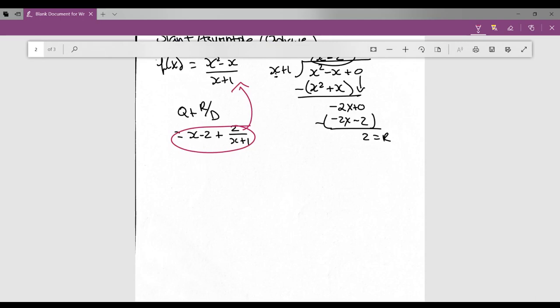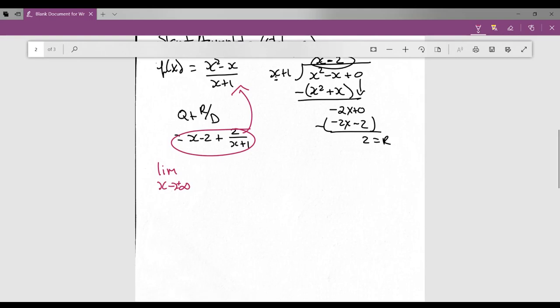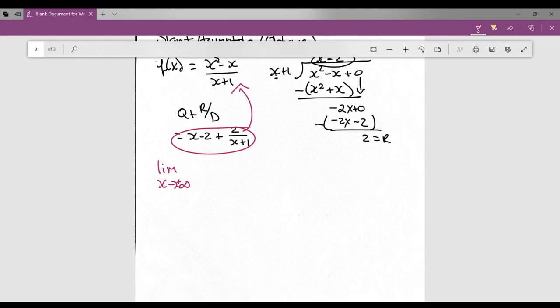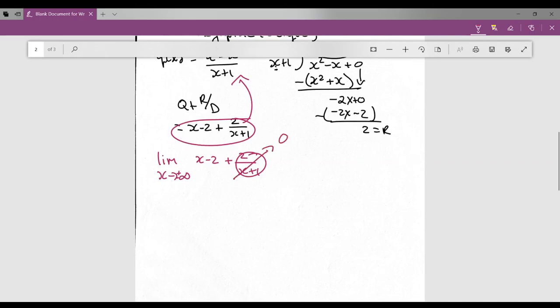So if I want to find my horizontal asymptote, I do the limit as x goes to infinity or negative infinity, doesn't really matter here. And what happens is this, because we have a variable in the denominator and the top is a constant, goes to 0.